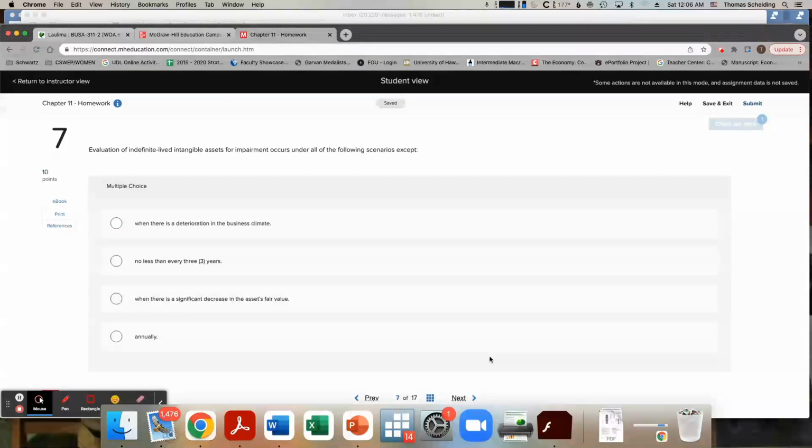So certainly it could be when there's a deterioration in the business climate, or when there's a significant decrease in the asset's fair value. In the first case, the deterioration is assessed by a professional, or if it's actually occurred, you see that significant decrease in the asset's fair value.